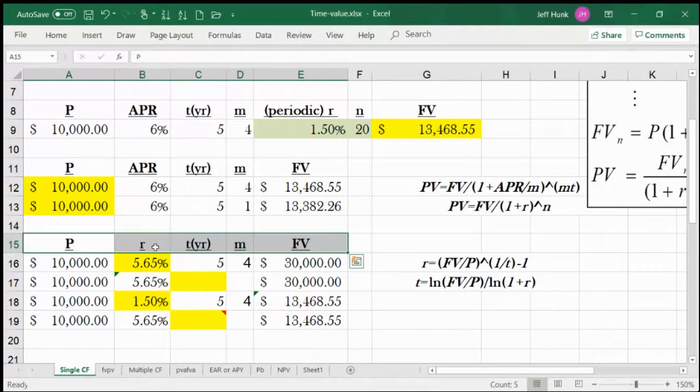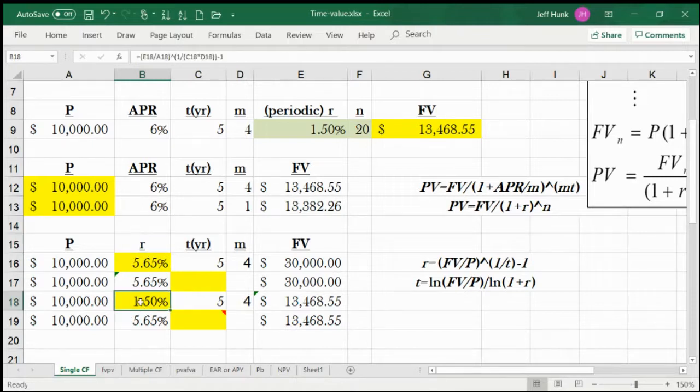It must say what it means. So here, if you left it as APR, then you're wrong, because clearly this is not the annual interest rate that would take you there. The annual interest rate was what? It was 6%, right?